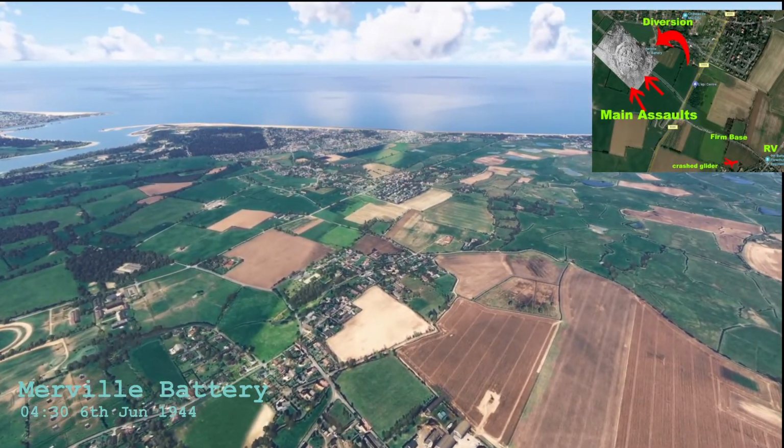So the guns turned out not to be the ones that they thought.